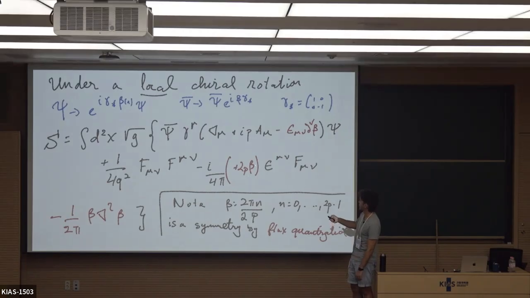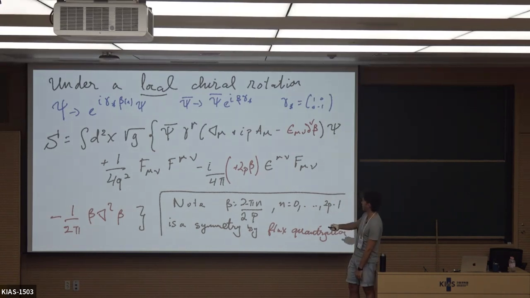Now, if we take beta to be a pure number, this term goes away, this term goes away, and we're left with this background coupling to epsilon mu nu. And remember that the thing that multiplies beta is an integer by flux quantization.